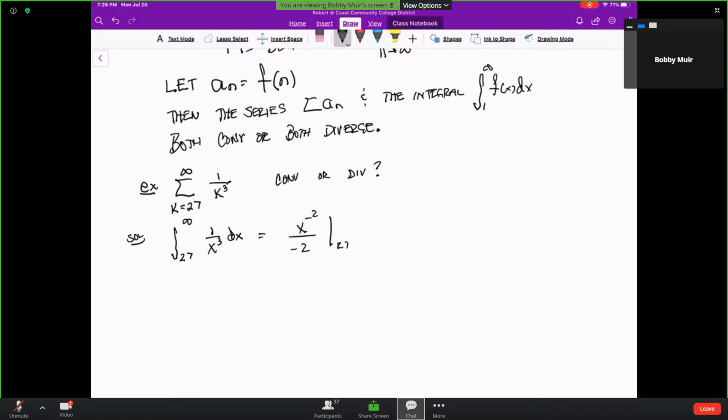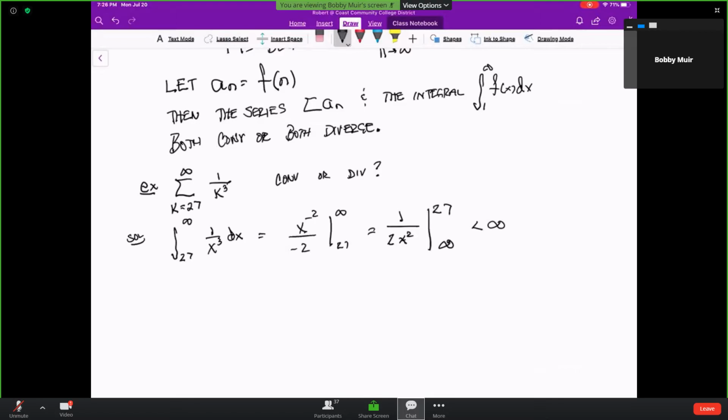Now I'm going to get real sloppy with my notation here. That's going to be 1 over 2x squared evaluated at 27 and infinity. And so this is a finite number, because as an improper integral goes, the end piece would go to 0.